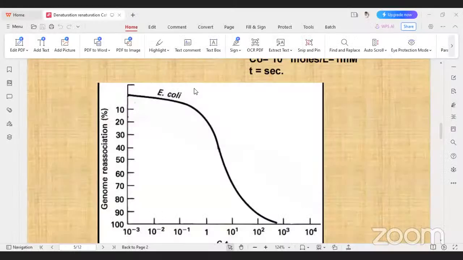Are you able to see the PPT slide graph? Yes, sir.